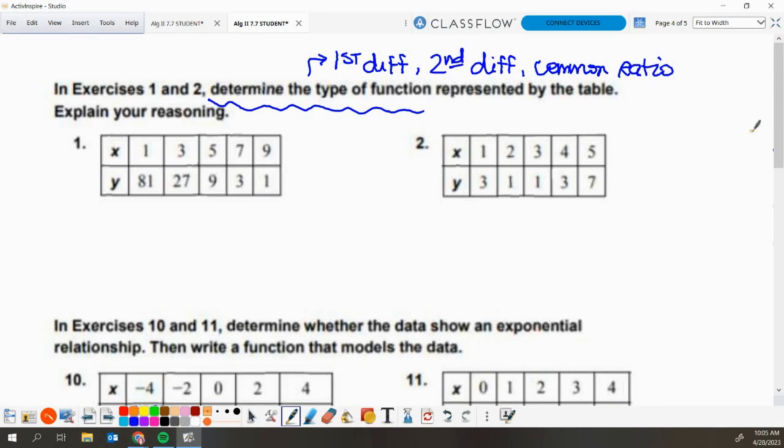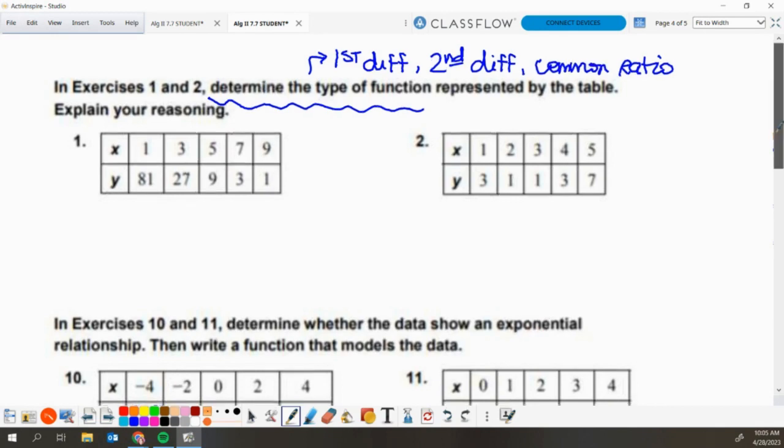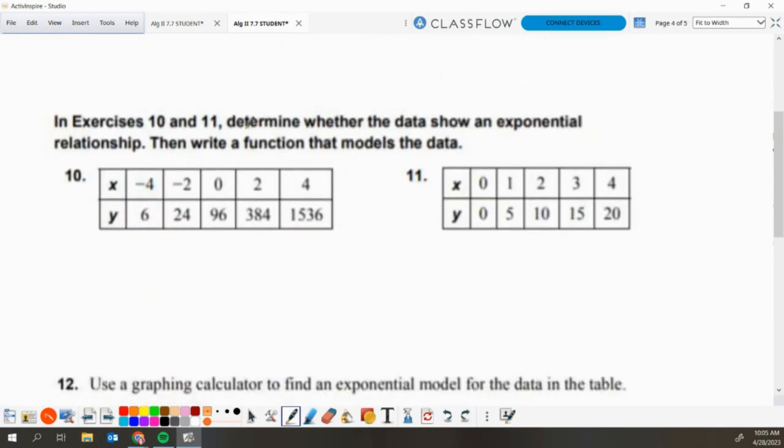Okay. Same thing on the two below that, only it's narrowing it down for you. On the two below that, it says determine whether the data is exponential, which means all you have to do on that one is the common ratio. And if the common ratio is constant, then it is exponential. If it's not constant, it's not exponential. Those are the only choices you have for those two problems.